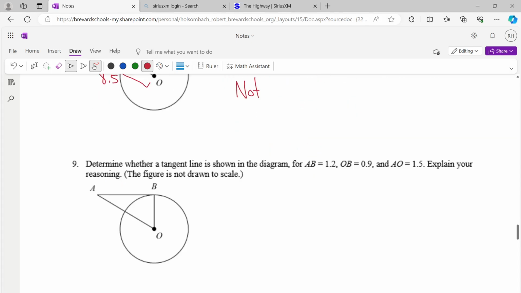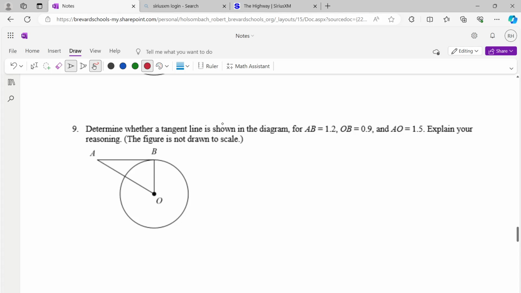And then we're going to do the same thing for number 9. Determine whether a tangent is shown. Now AB is 1.2. OB is 0.9. And the entire hypotenuse is 1.5.